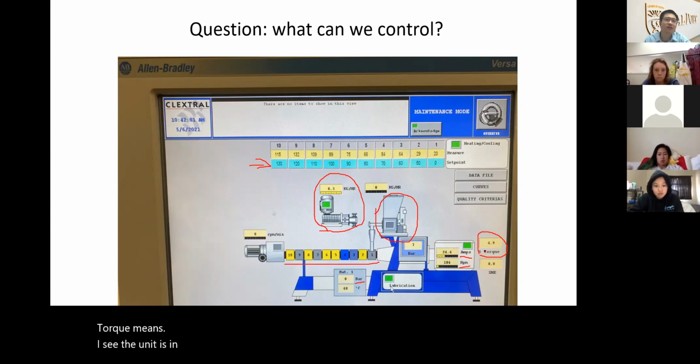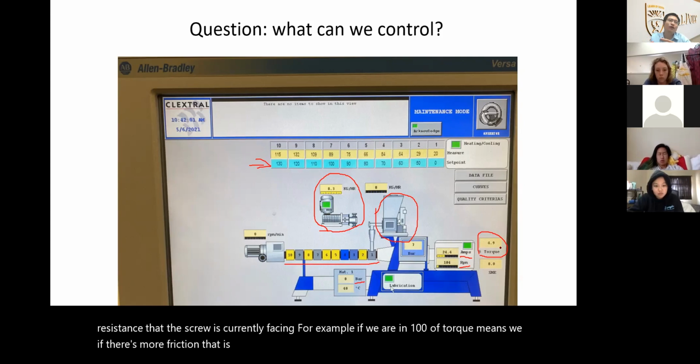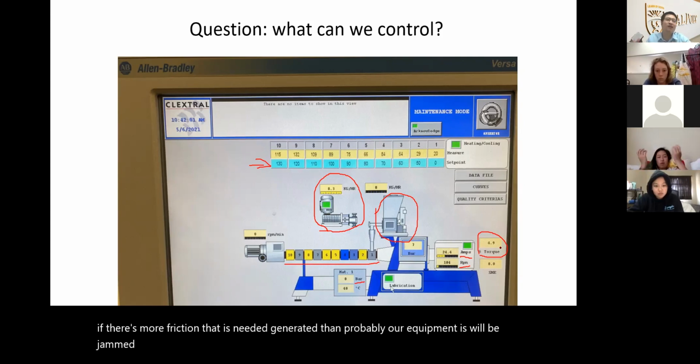So torque means how much power or how much resistance the screw is currently facing. For example, if we are at 100% torque, it means more friction is needed, and our equipment will probably be jammed because the screw just has so much power to rotate, right?